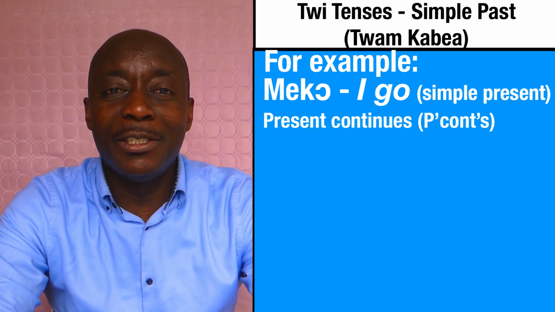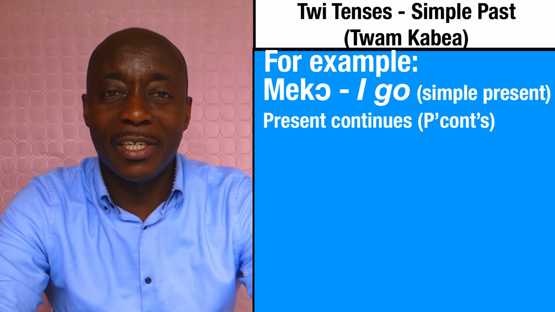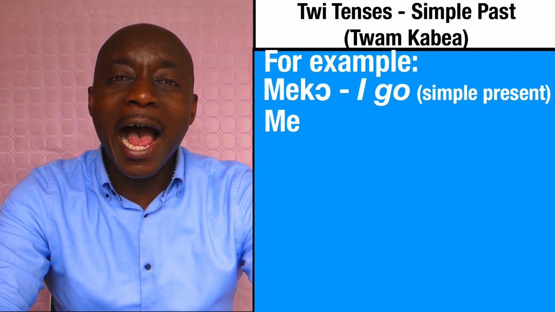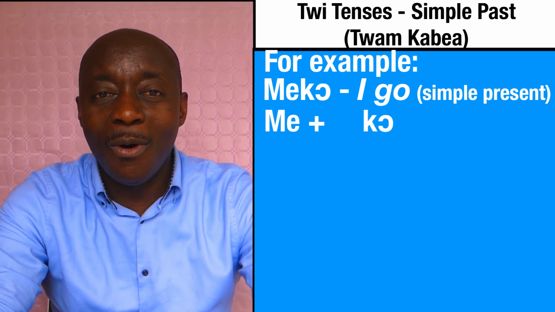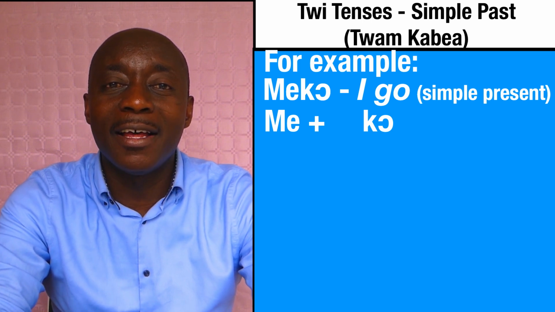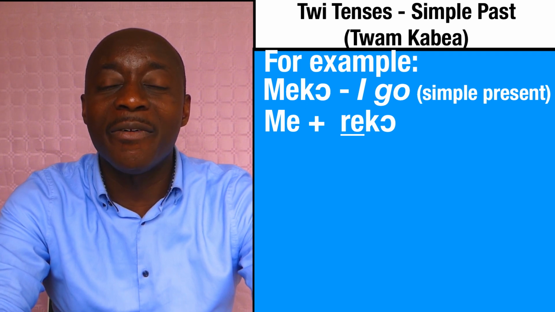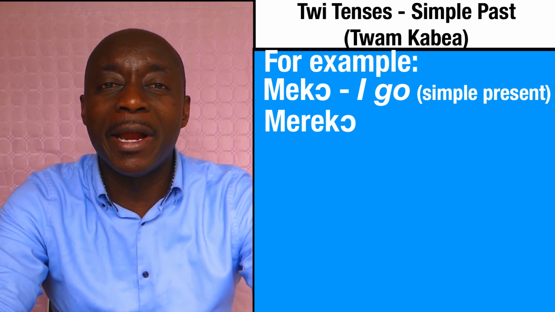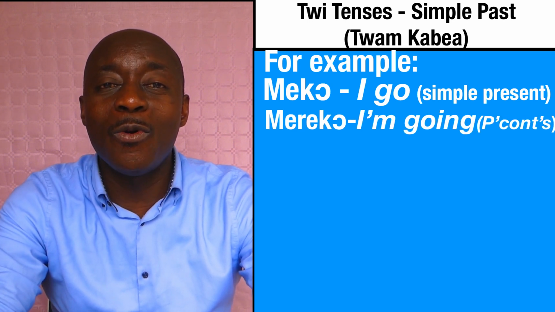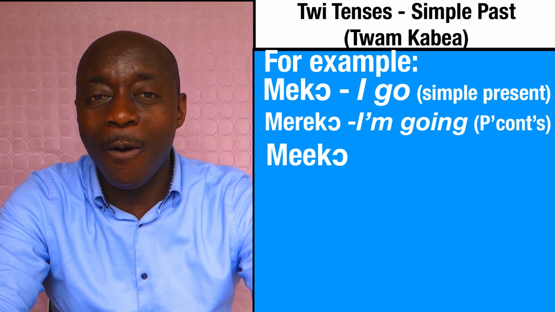Then on the present continuous tense, we said that when you write the pronoun, for example, me, that is me, or I, before you add a verb like ko, that is to go, you have to preface the verb with the prefix re. So we'll have to write reko. And that will become what? Mereko. Mereko, I am going. And we said that though we write it mereko, we say or we pronounce it meko.